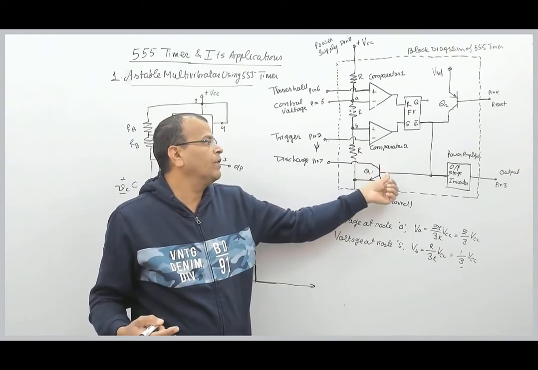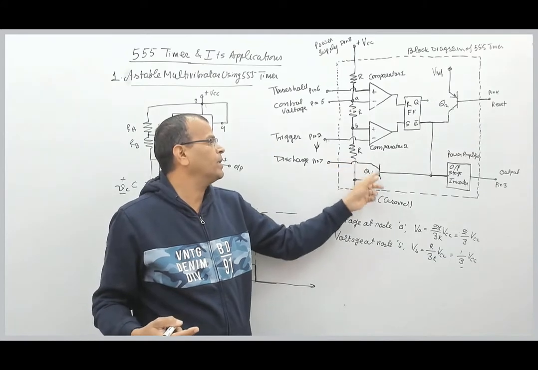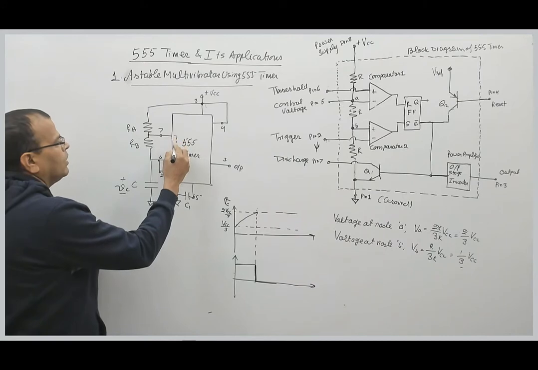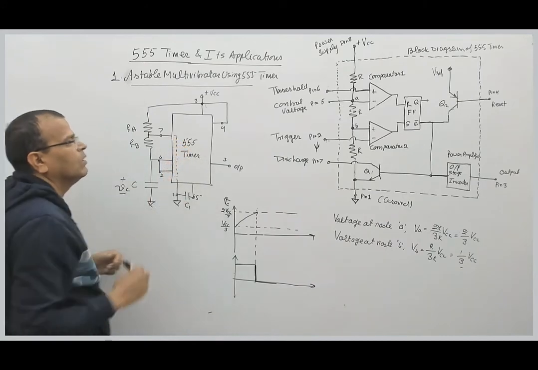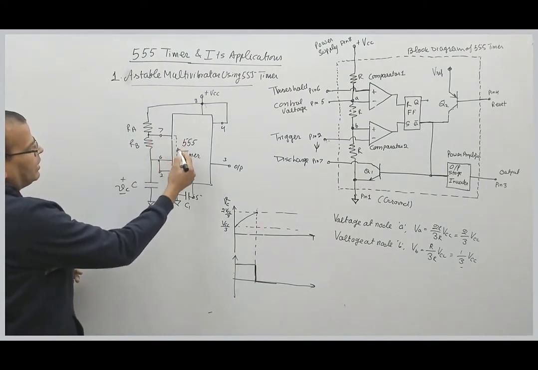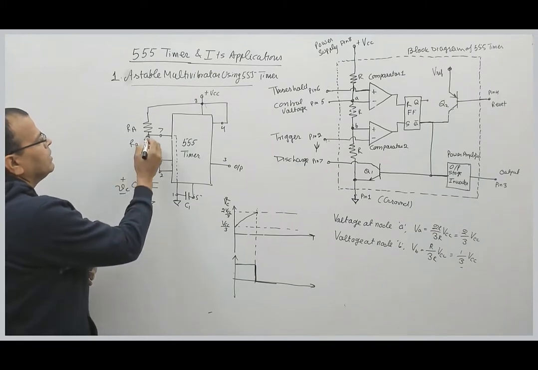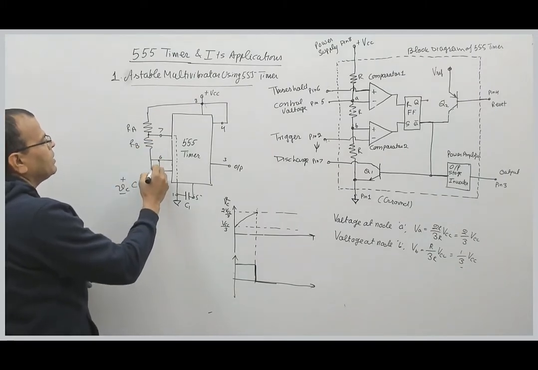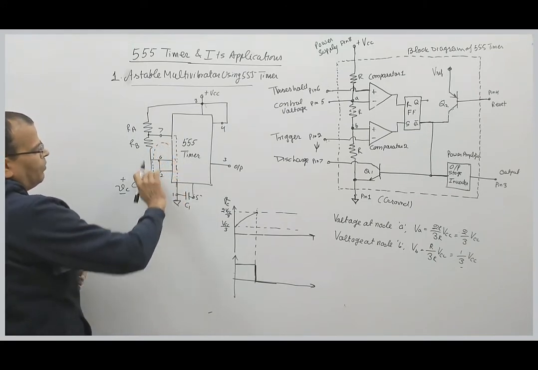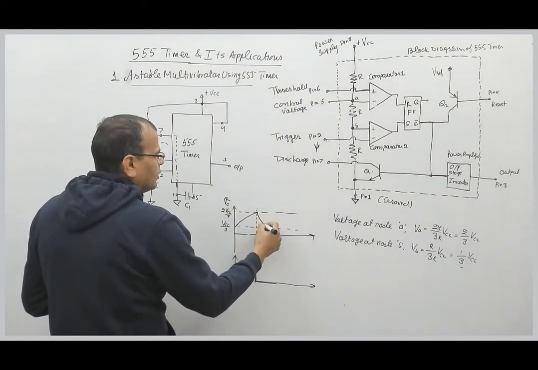It is driven to a saturated state, that means transistor Q1 is turned on and pin number 7 is connected to ground internally through the transistor Q1. Now please see carefully, this point is at ground potential, so capacitor starts discharging through this path, like this. From here to here, capacitor starts discharging.